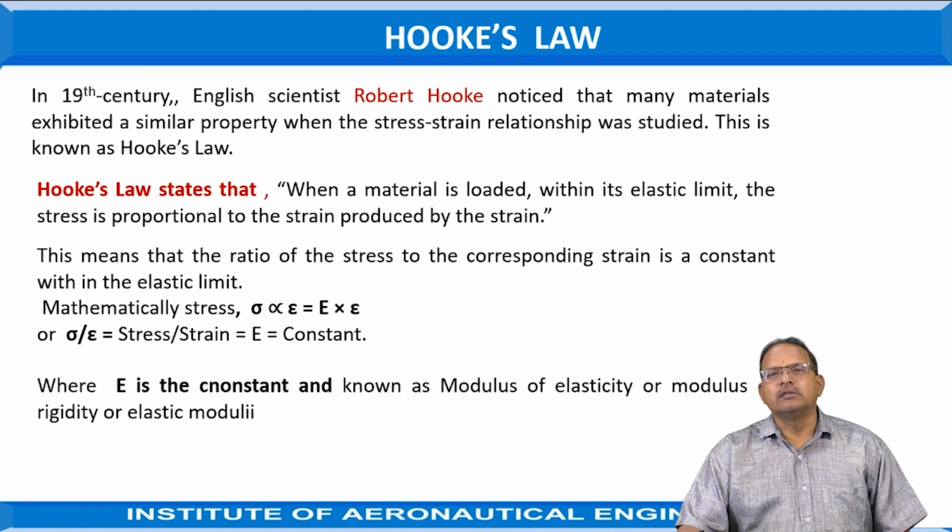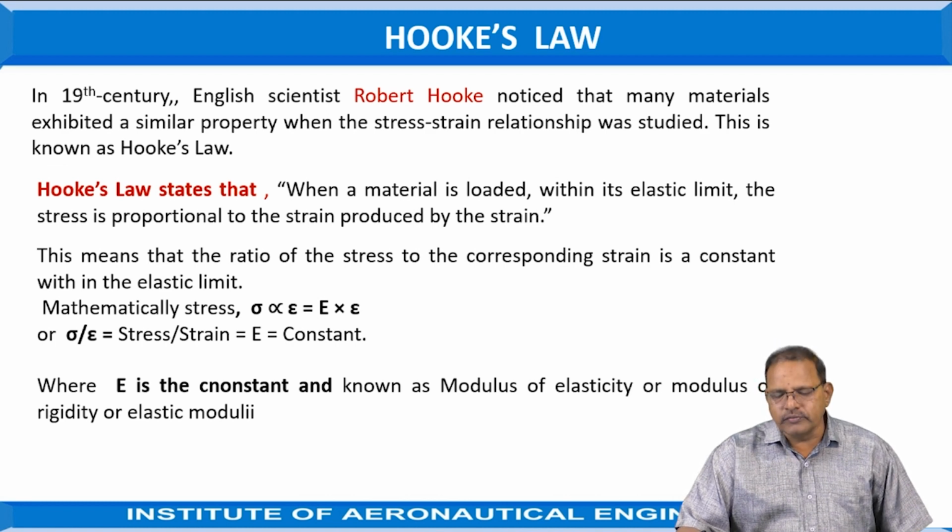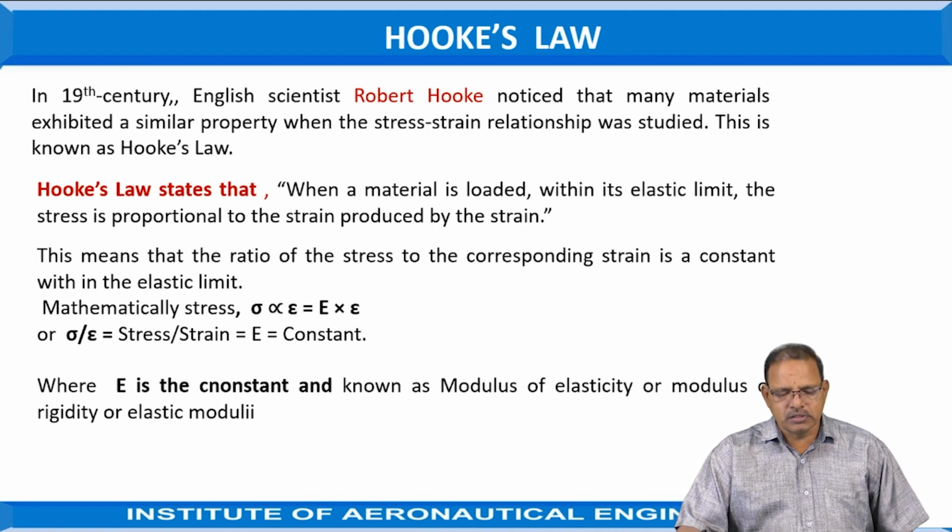Hooke's law states that when a metal is loaded within the elastic limit, the stress is proportional to the strain produced by the load. That means the ratio of the stress to the corresponding strain is always constant.